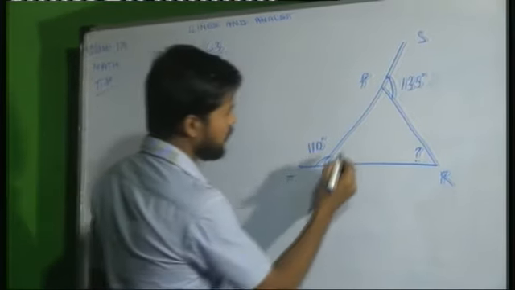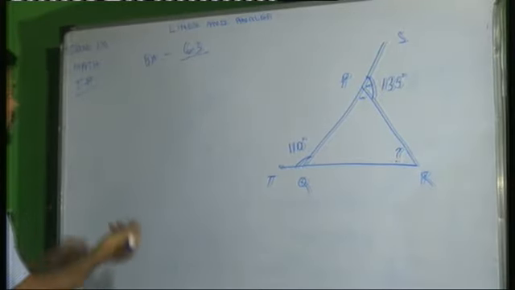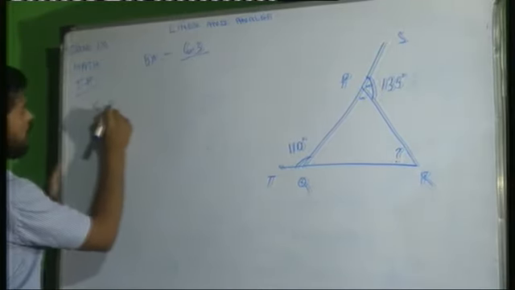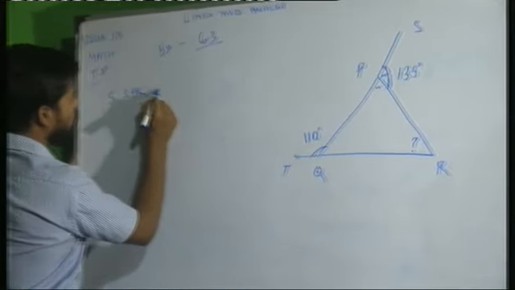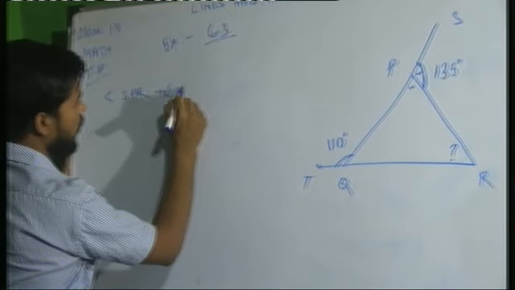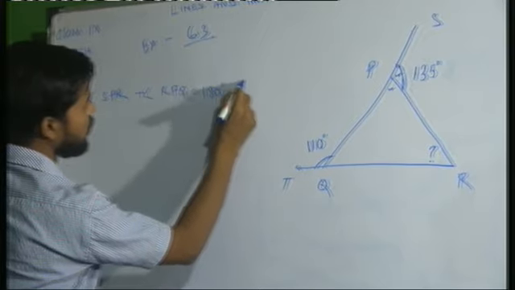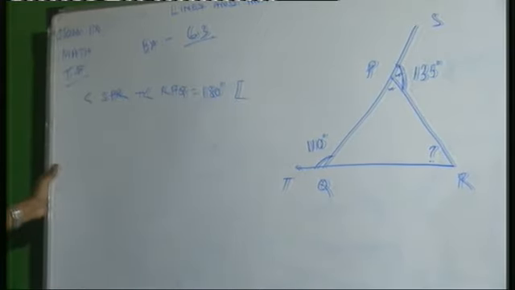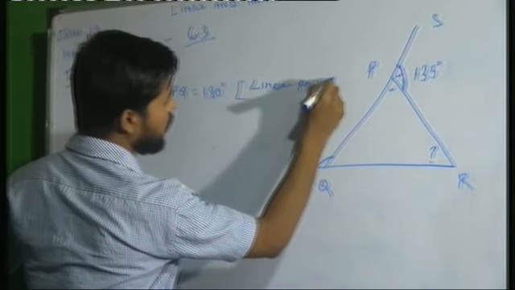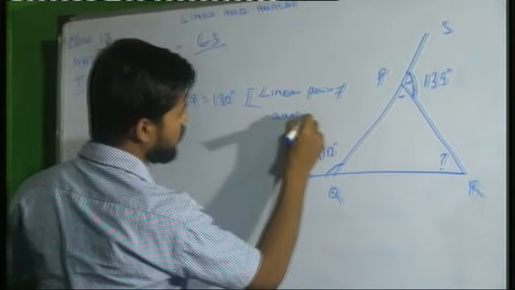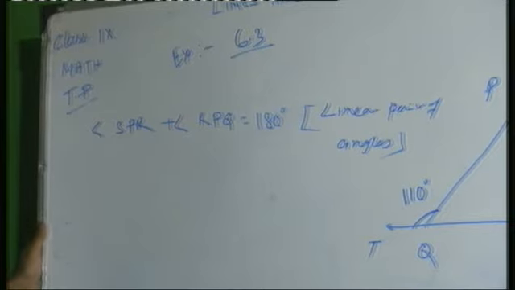Now look, this angle and this angle, we can say that they are a linear pair of angles. So angle SPR plus angle RPQ is equal to 180 degrees. Why is it 180 degrees? Because they are a linear pair of angles, and we know that the sum of a linear pair of angles is equal to 180 degrees.